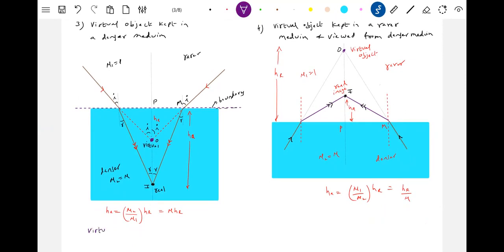Virtual object kept in a denser medium and viewed from rarer medium will appear farther away from the boundary.